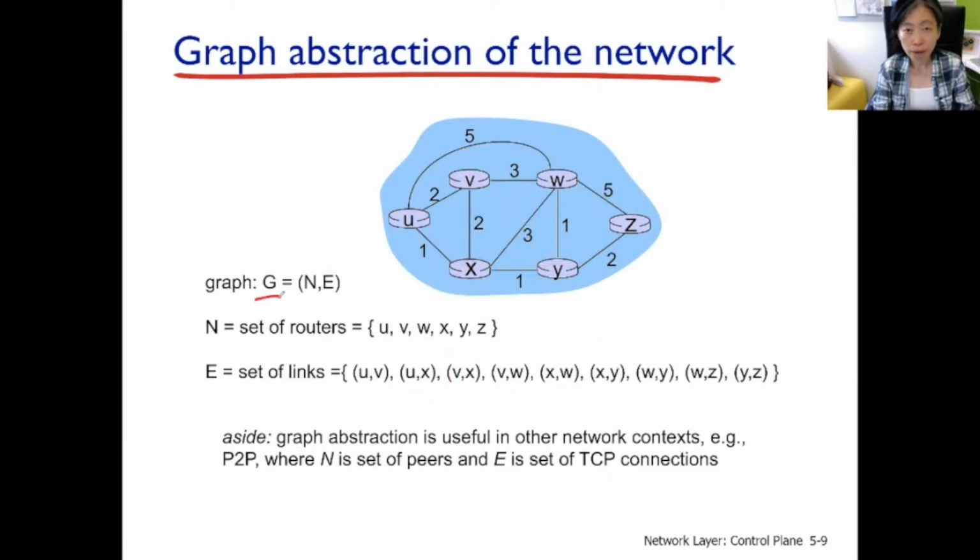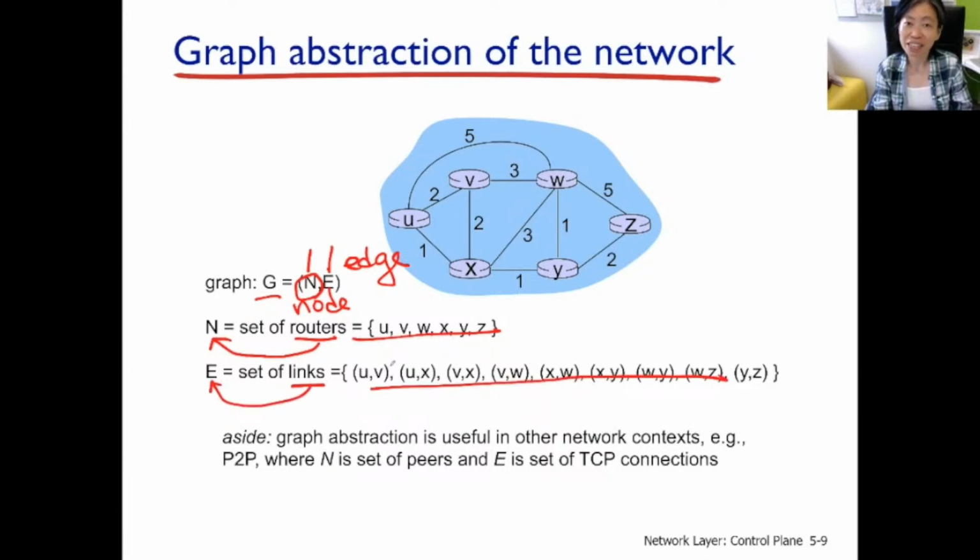A graph consists of the set of nodes and the set of edges interconnecting the nodes. N stands for nodes, and E stands for edges. If you consider the routers to be nodes, the set of routers is N. If you consider links to be the edges, then E is the set of edges.